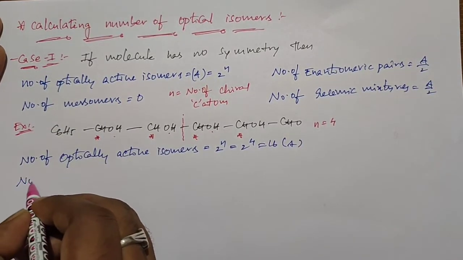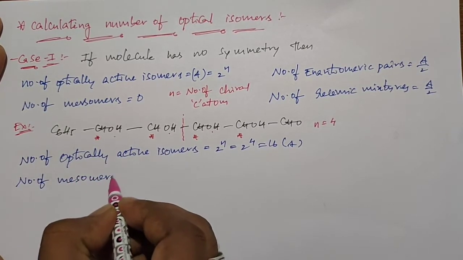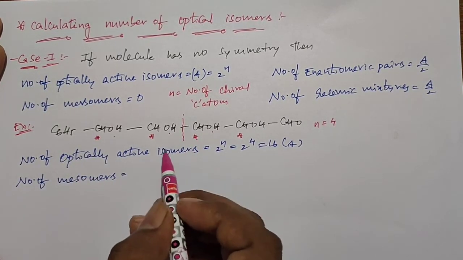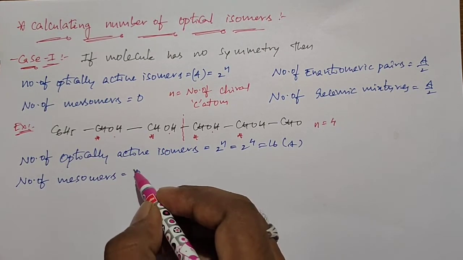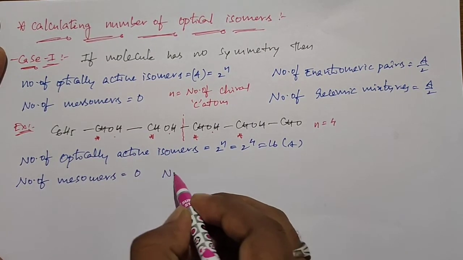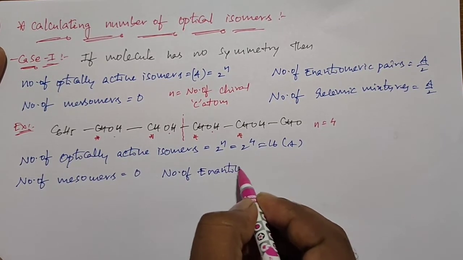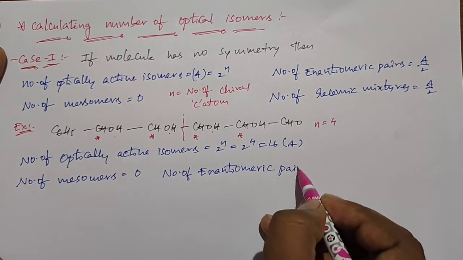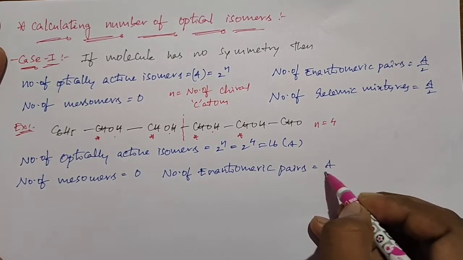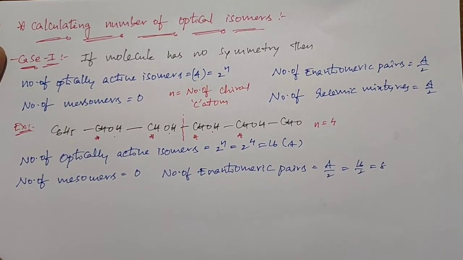At the same time, for a non-symmetric molecule, the number of mesomers is equal to 0. The number of enantiomeric pairs is equal to A by 2, that is 16 by 2, so we get 8 enantiomeric pairs.